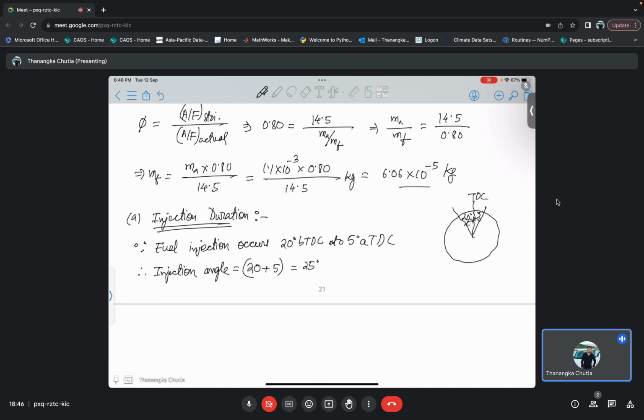Fine, so this thing only we have to find in terms of duration. Similarly, the number of revolutions completed in 25 degree crank rotation will be equal to what? 25 by 360 revolutions.